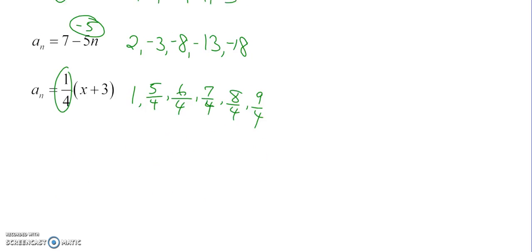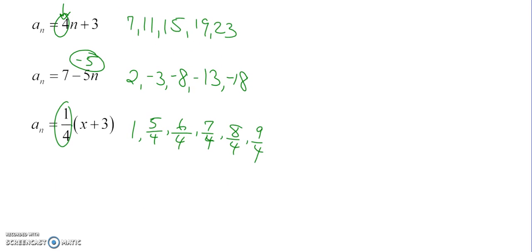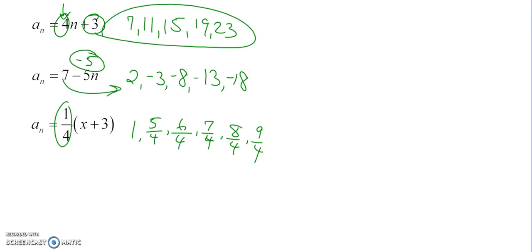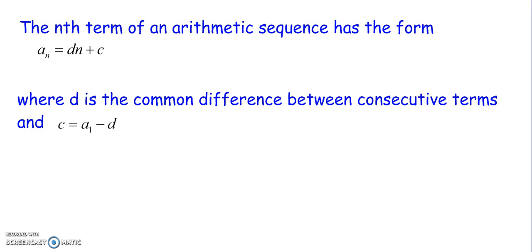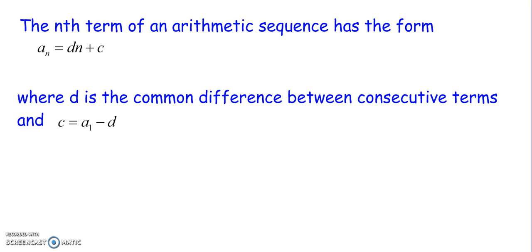Now, if you notice, this number does not appear anywhere in our sequence, in our pattern. Notice the 7 actually doesn't appear, so it's a little trickier to calculate that other number when you're coming up with these formulas. So, an arithmetic sequence has the form a_n equals dn plus c.